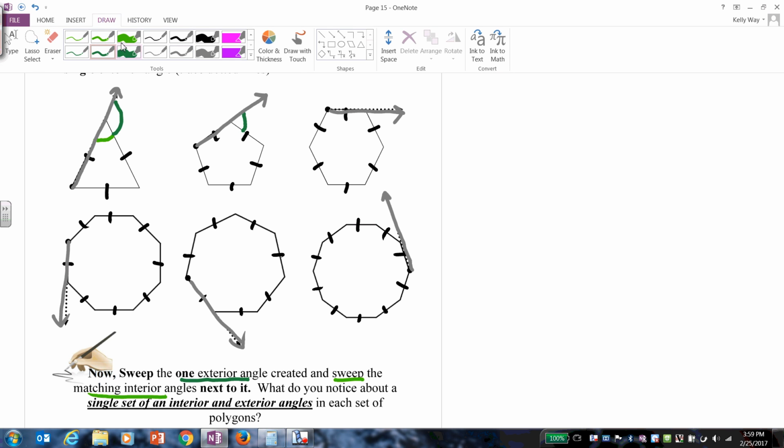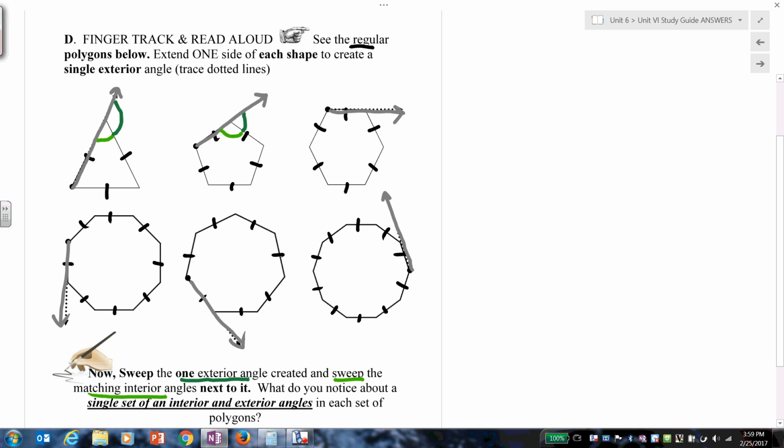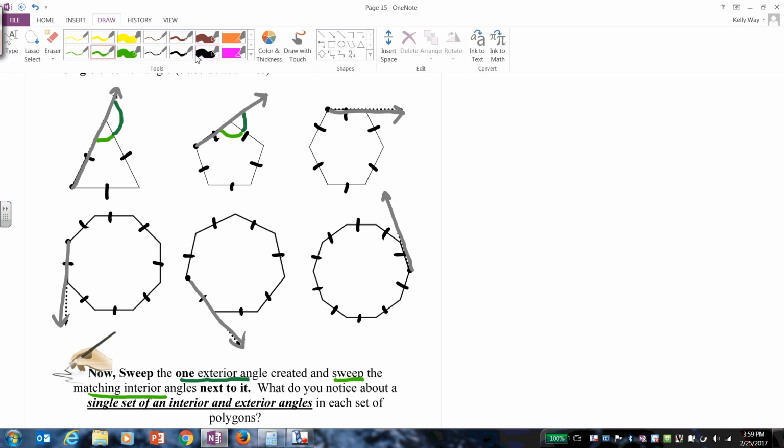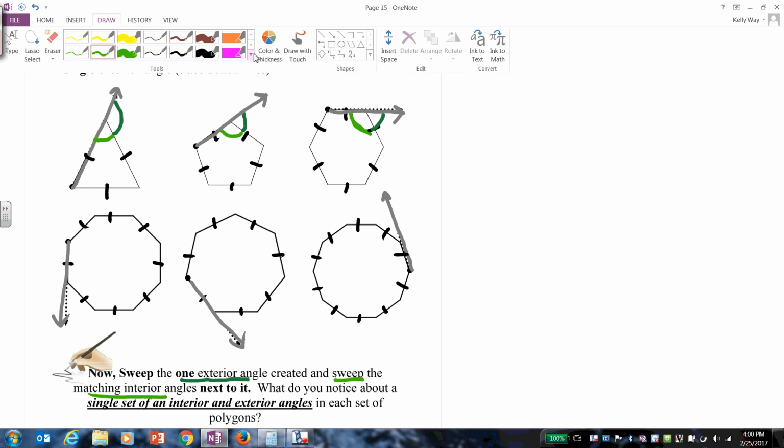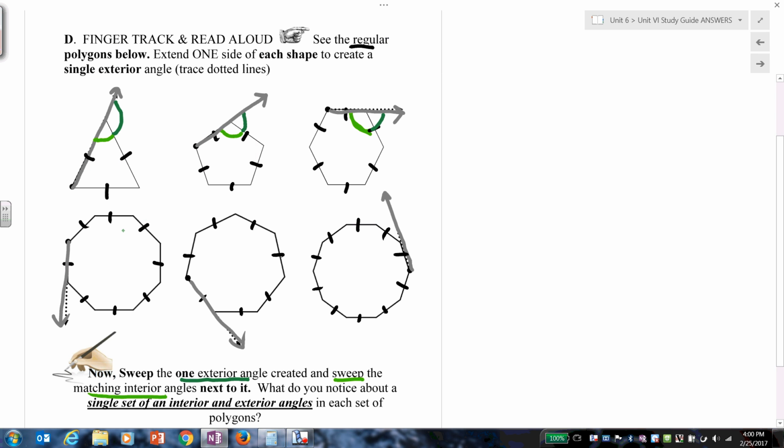Exterior, interior. Keep going. Exterior, interior. Exterior, interior.